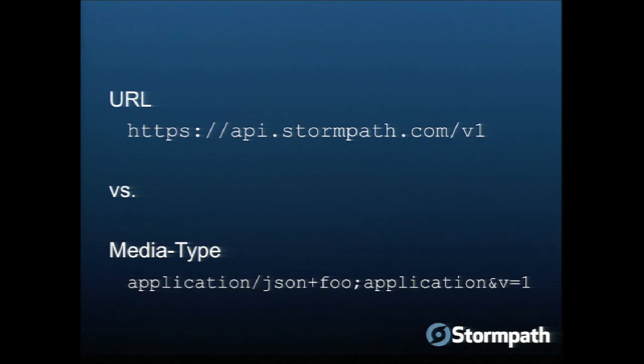So maybe in version 1, there's a resource that has 5 properties, but in version 2, one of those properties has been deleted, or at least made invisible. You don't want to remove that 5th property because it might break existing clients. But the more up-to-date version 2 clients can say, I understand that you've hidden that and I don't need to process it, so give me version 2 of that particular JSON resource.